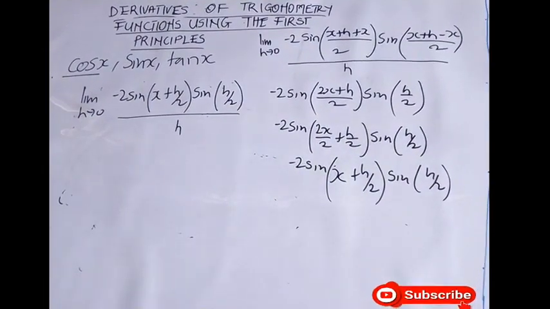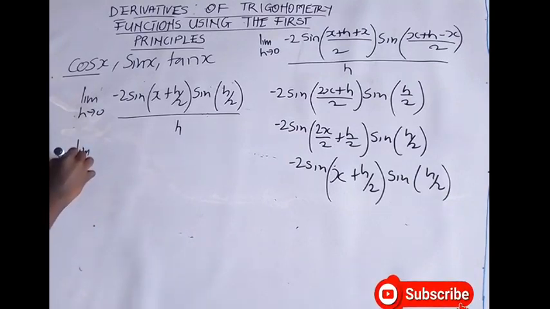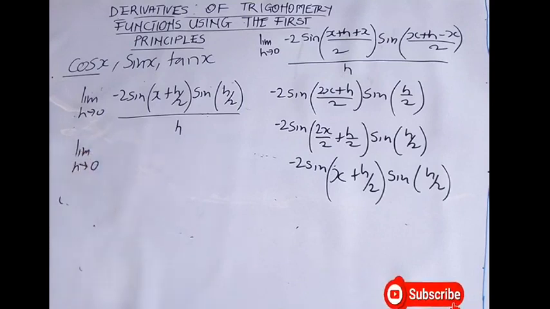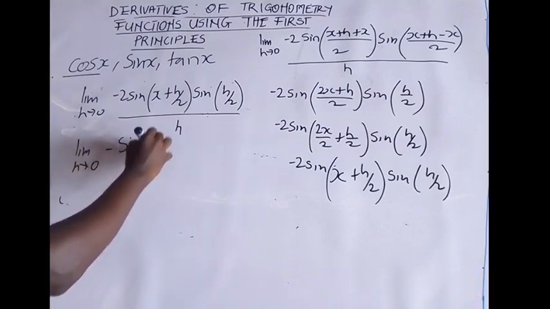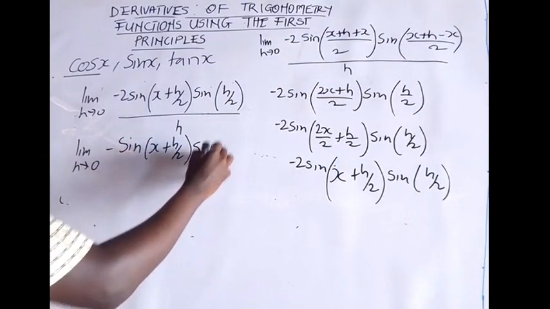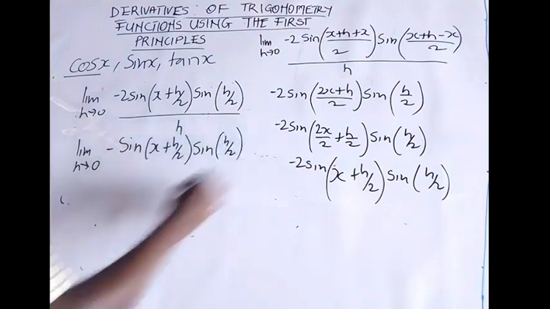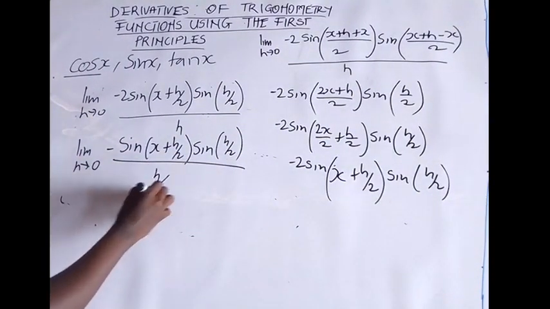So we can write this as the limit as h approaches 0 of negative sine of x plus h over 2 times sine h over 2 all over h all over 2.